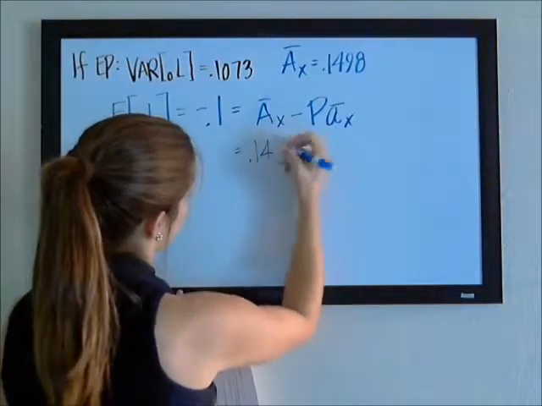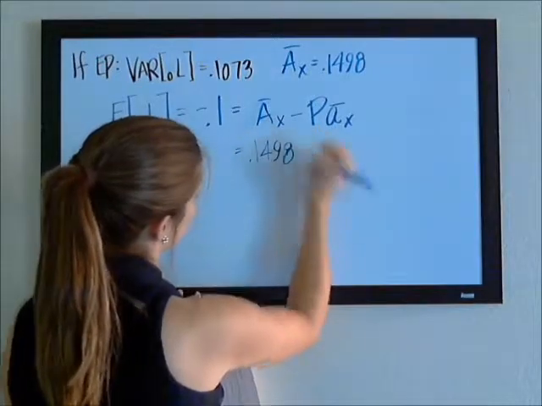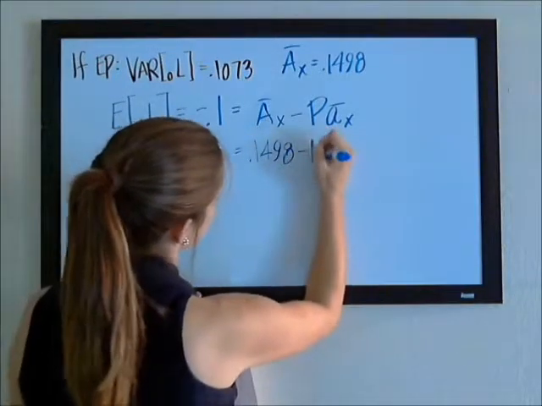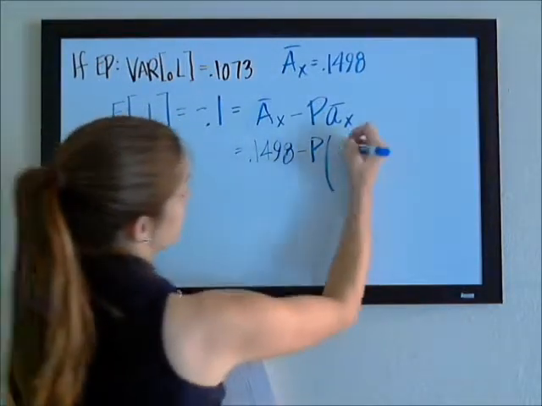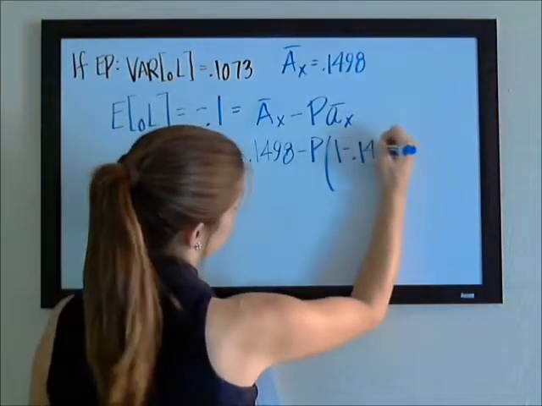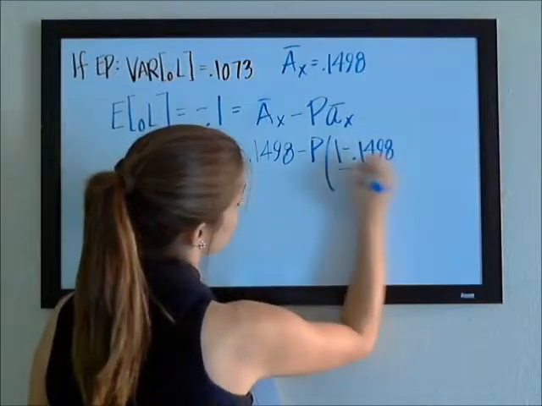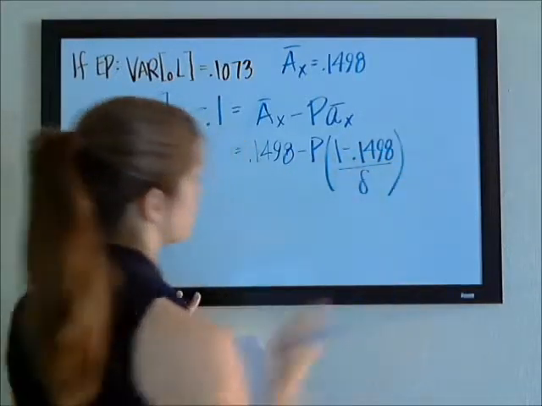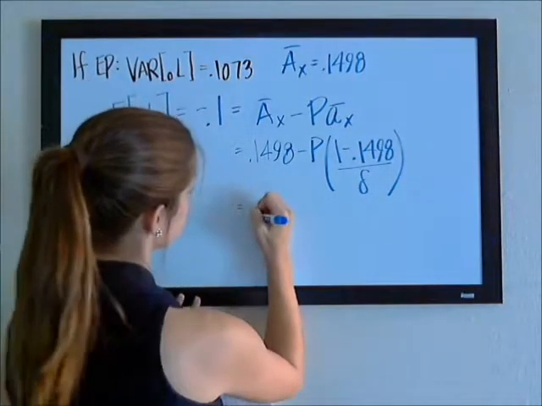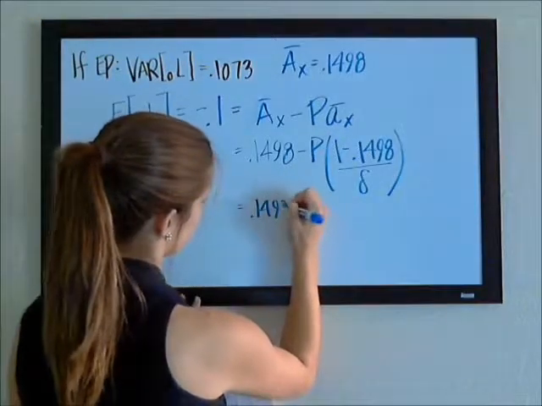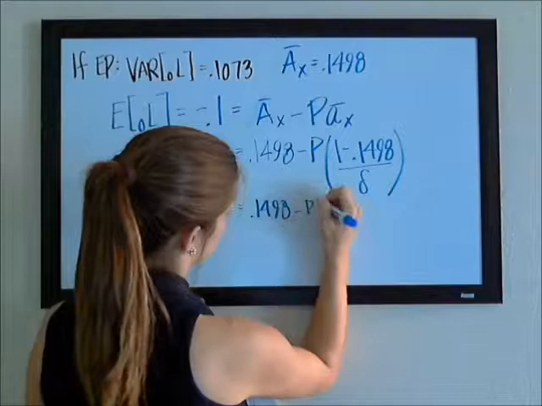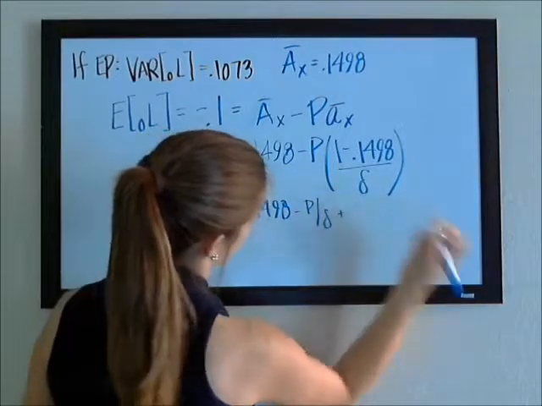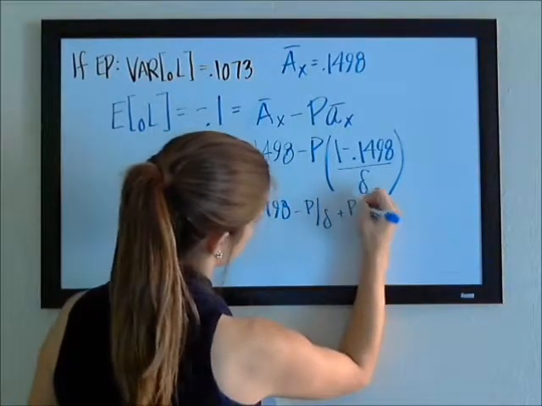I'll plug in my 0.1498 for the insurance, and I'll rewrite my annuity in terms of the insurance since I know what that is. That'll be over delta since it's continuous. Of course, I can pull out my P over delta here.